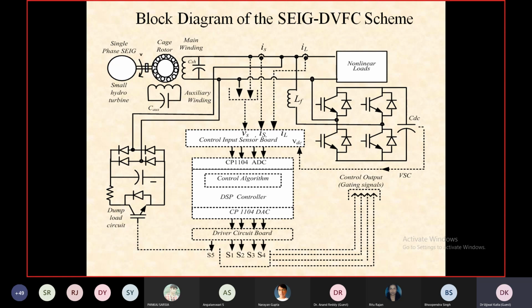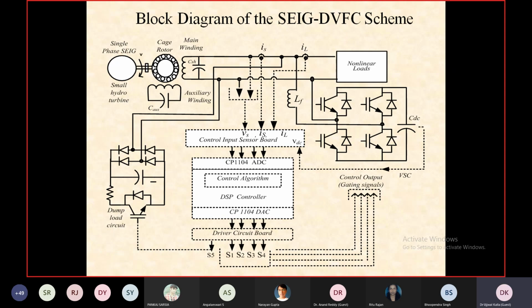But nowadays, most of the loads are non-linear in nature. Mobile charger, laptop charger, UPS charger, inverter charging system, VFD drives. Almost all these systems are non-linear. Even LED lights.